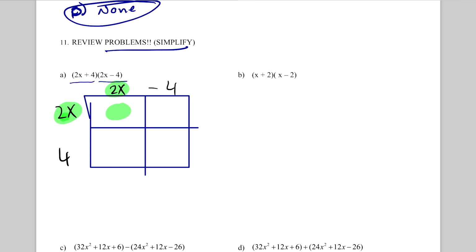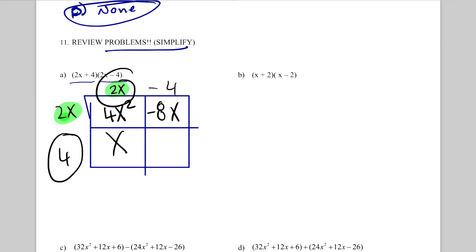Remember that? So that is going to give me 4x squared. Okay, multiply this, multiply that, and place the answer in here. So that's minus 8x. Okay, 2x times 4, multiply this, and place the answer in there. So that's going to give me 8x.